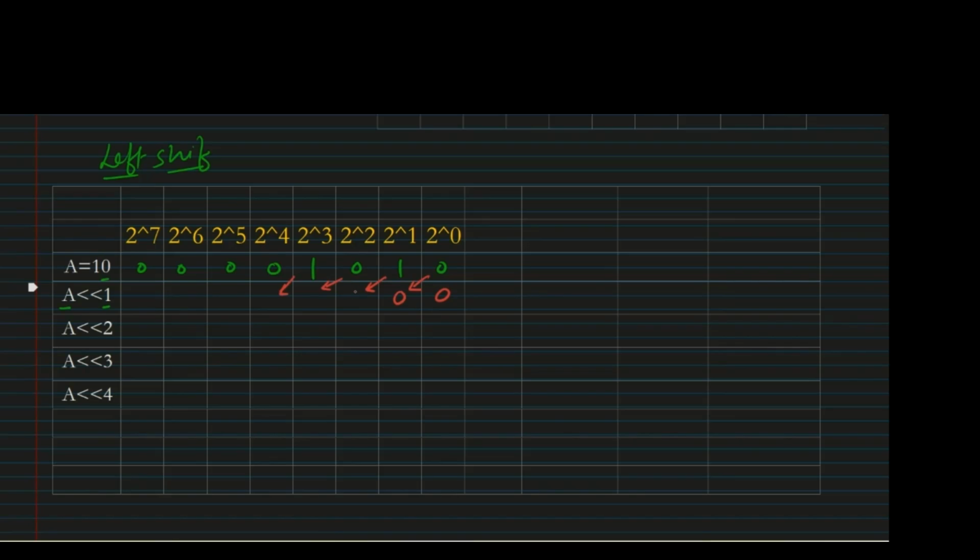This 1 will be shifted over here. This 0 will be shifted over here. This 1 will be shifted over here. This 0 will be shifted over here. This 0 will be shifted over here, which means we have shifted all the bits towards left by 1. And the last one will go out of space, so we are not going to worry about the last bit.